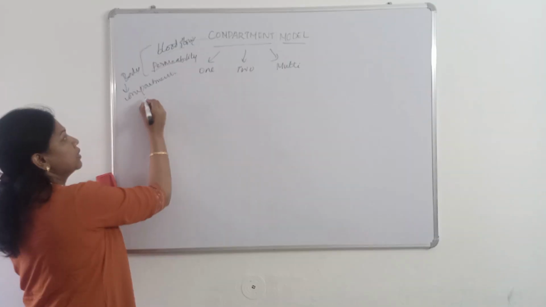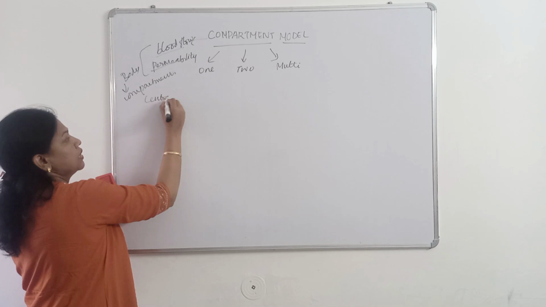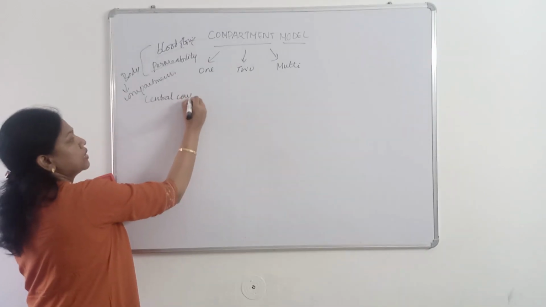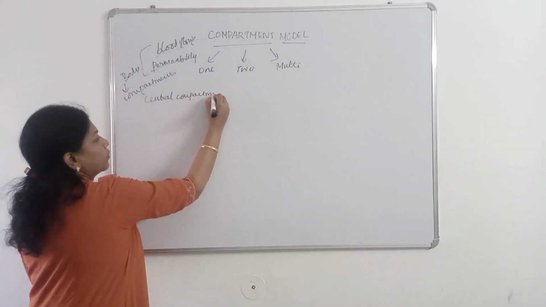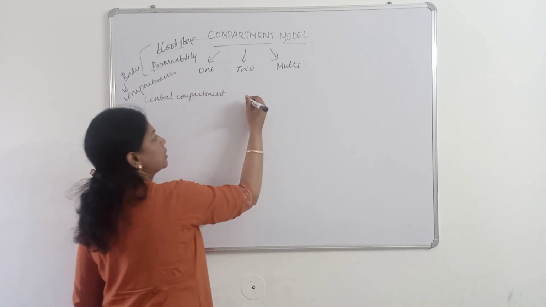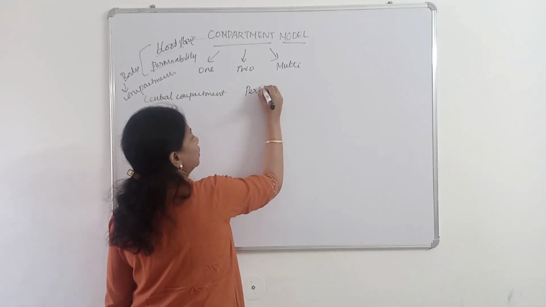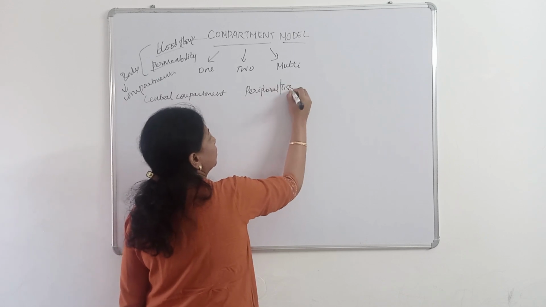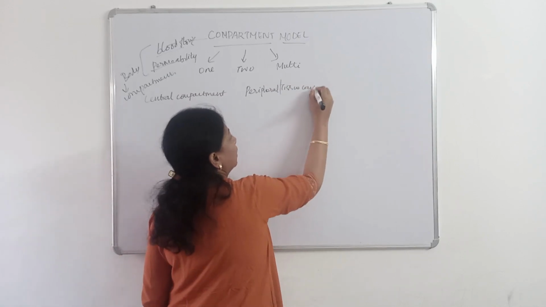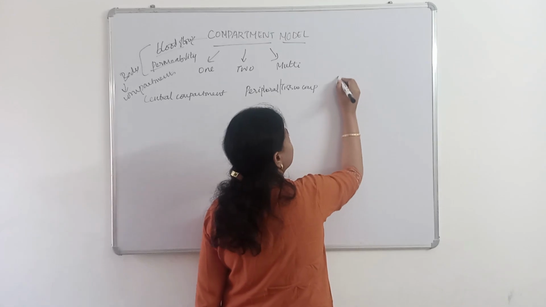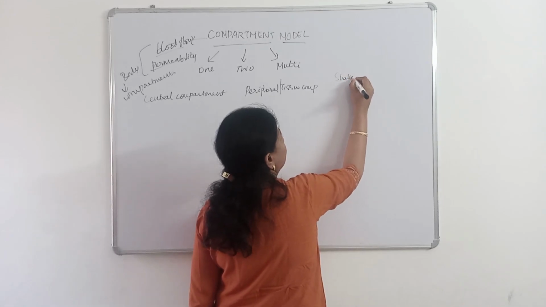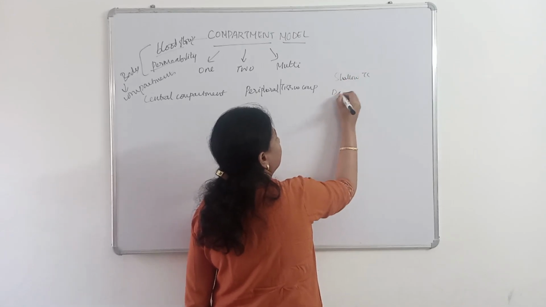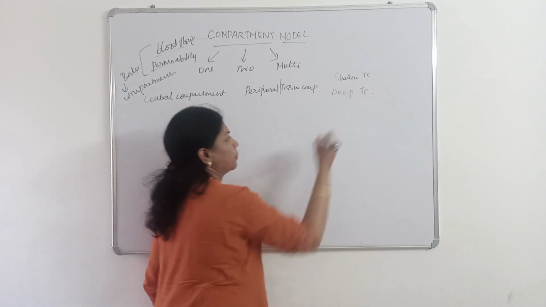Generally, the different compartments are the central compartment, the peripheral or tissue compartment, and we have the shallow tissue compartment and the deep tissue compartment.